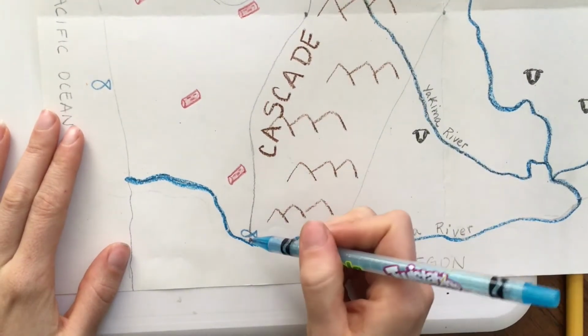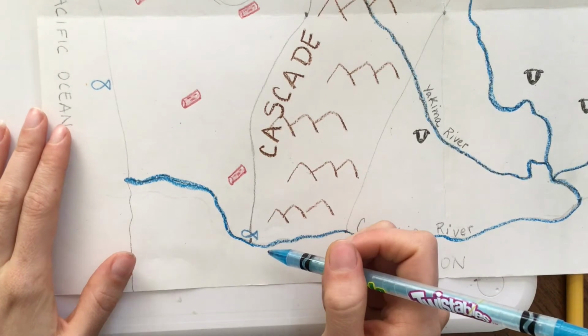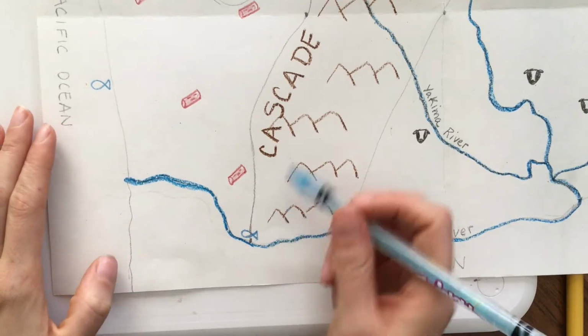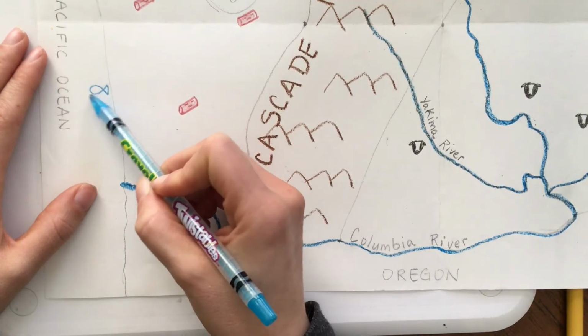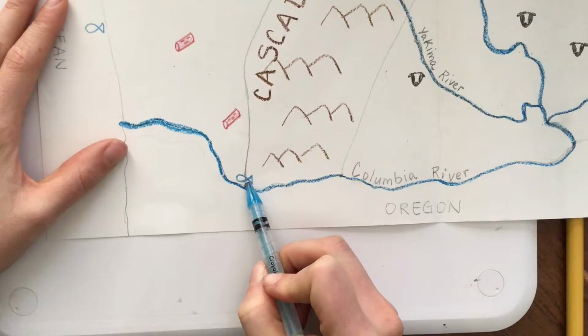Double check that you've included all 4 areas of the state that have a large salmon or fishing industry. Notice that there's both ocean deep sea fishing and river fishing.